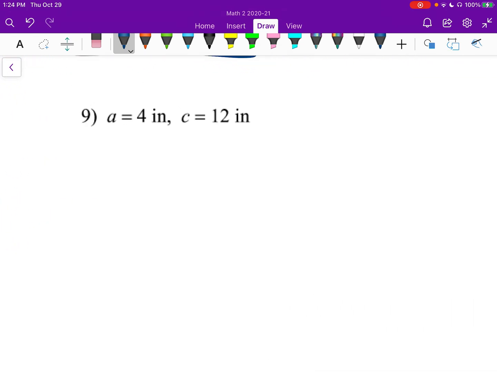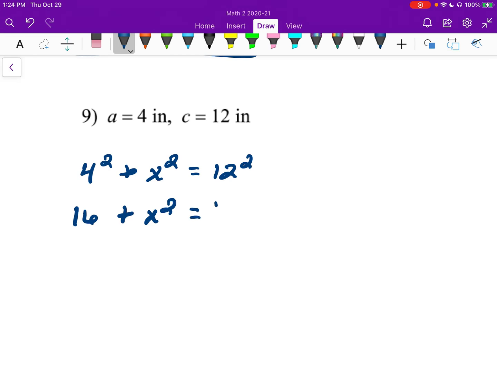We're going to say, well, A, 4 squared, plus B, well, there's no B, so x squared, equals C squared, so 12 squared. So 16 plus x squared equals 144. Subtract 16 from both sides, and I get, well, x squared equals 128.